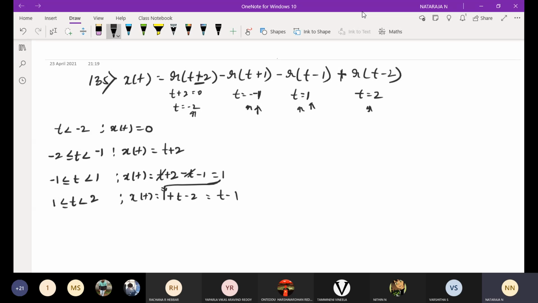What is the value? Sir, present one is minus t plus 1, sir. Third one. Which one? t equals 1. Sir, you have to consider t minus 1, sir. Minus of t minus 1, that one, sir. Which one? Third one.